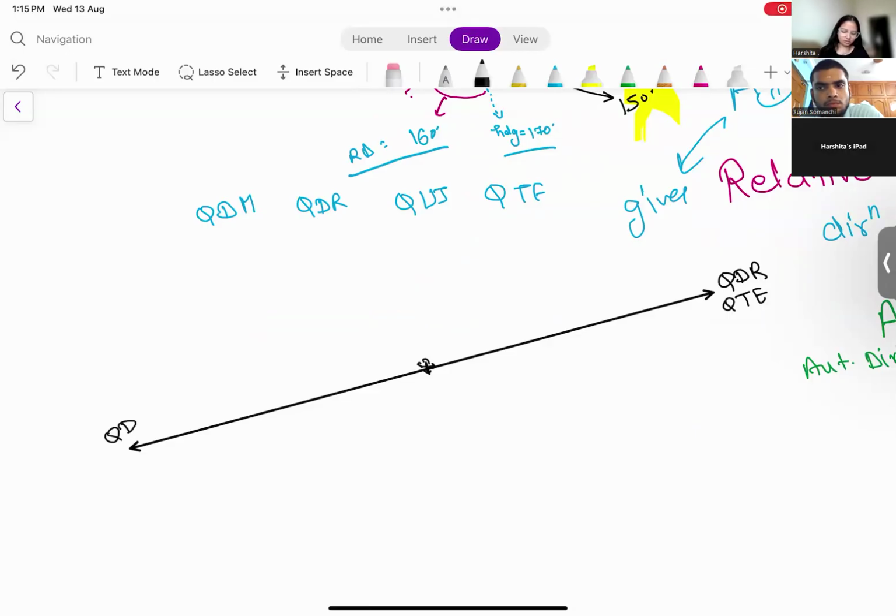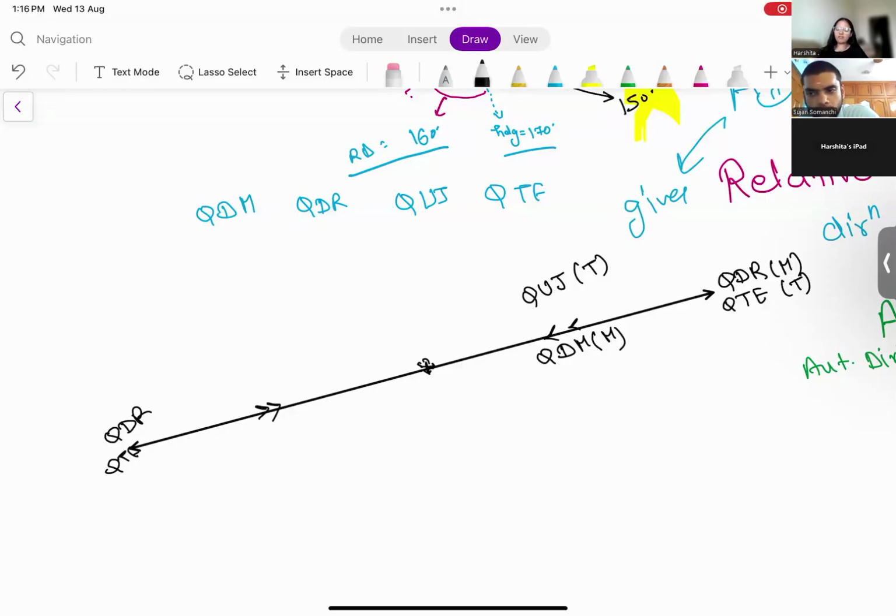QDR and QTE are running away from you. QDR is magnetic, but QTE is true. And who is coming towards you? QUJ and QDM. QDM is magnetic, but QUJ is true.